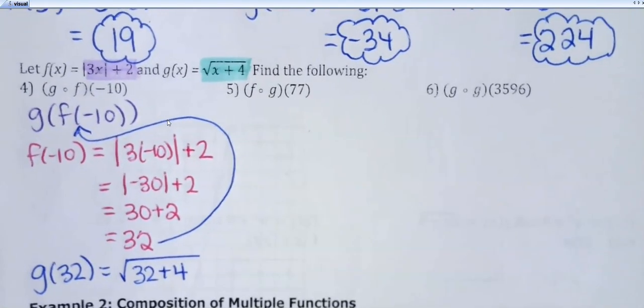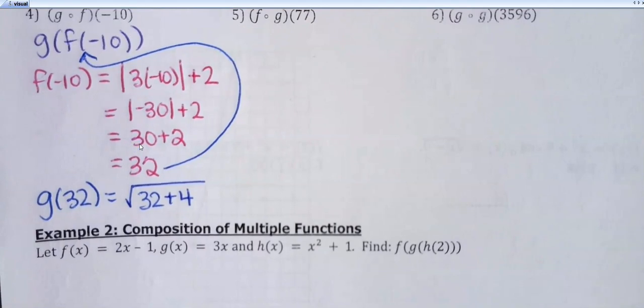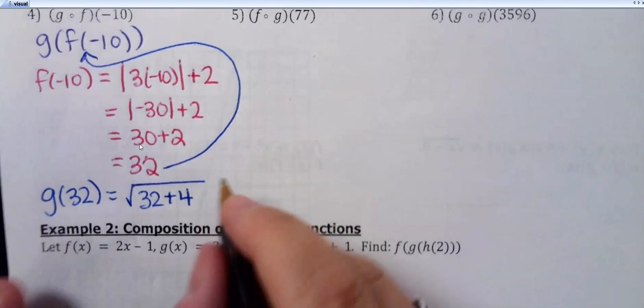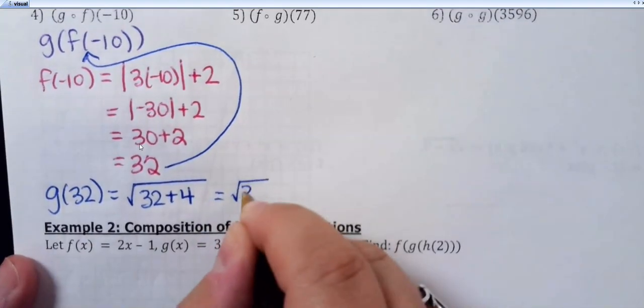How do I do that? Do I take the square root of 32 and the square root of 4 and add them together, or how do I do that? Yes. Okay, the square root acts like a grouping symbol. So whenever you have a square root, you want to get that down to one number and then take the square root. So add those together first to be square root of 36.